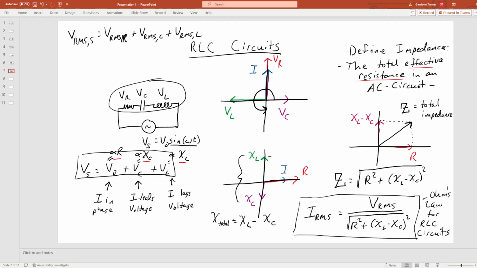You could put these in parallel and have two elements in series and one of the elements in parallel. You could have multiple elements in parallel. You could have multiple capacitors, multiple resistors, and multiple inductors. Who cares? But the bottom line is that for the simple RLC circuit case, this is how you calculate the impedance. Okay?